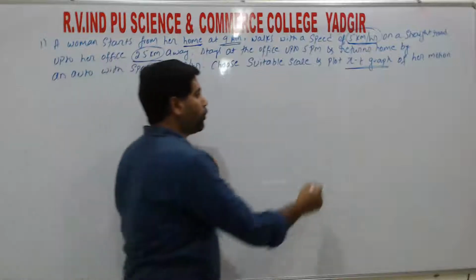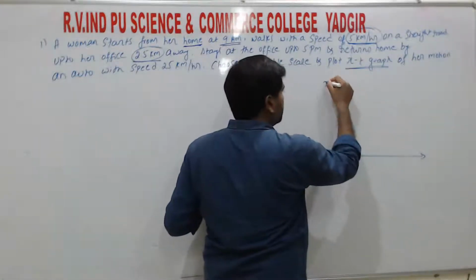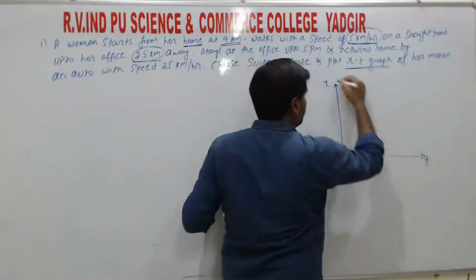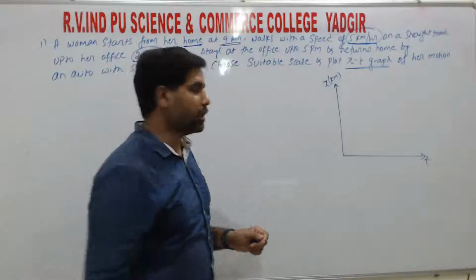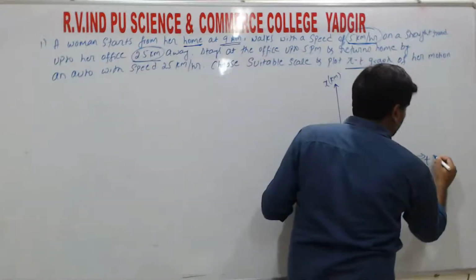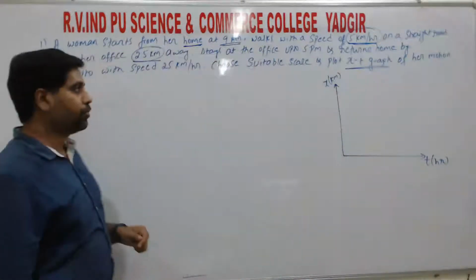Right. So we need to plot the x and t graph. Here they have given kilometers, so I take x in kilometers. They only told us a suitable scale, right? So time in hours.